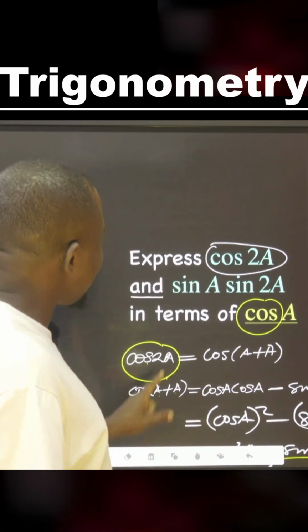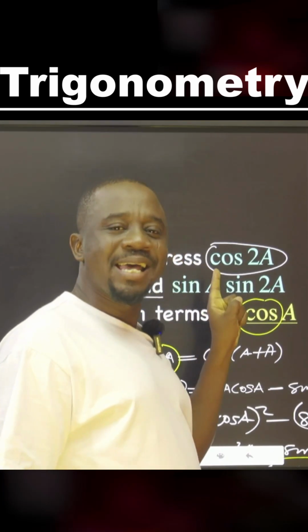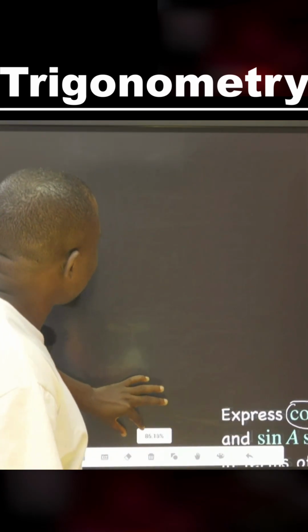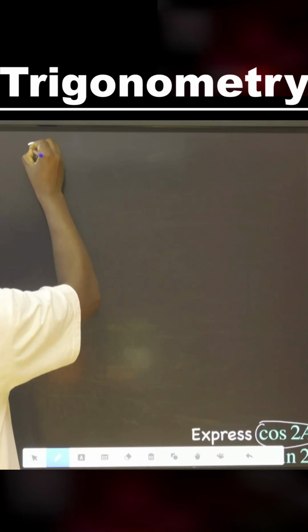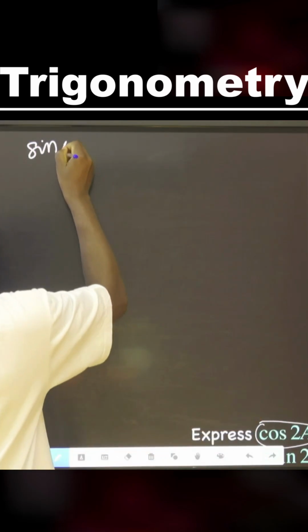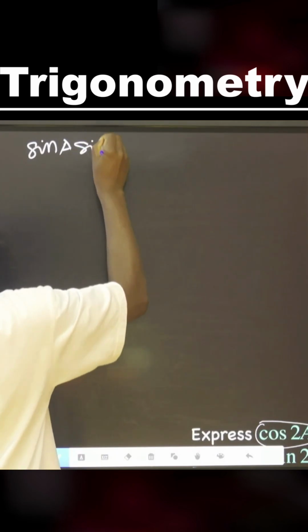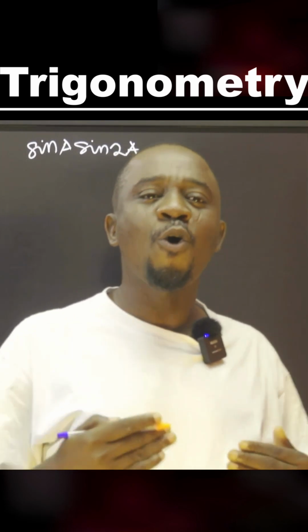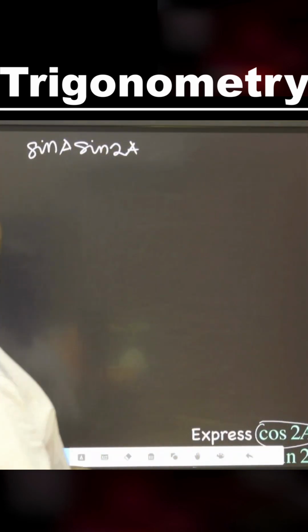The next one says sine 2A. That is sine 2A should be expressed in form of cos A. No problem.